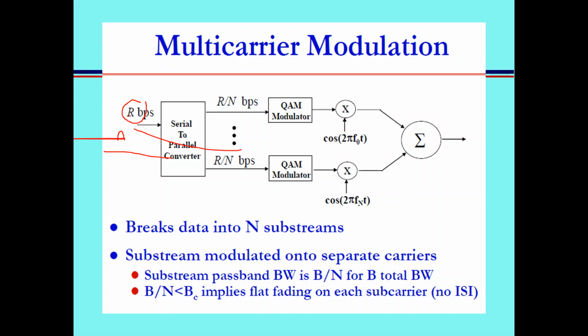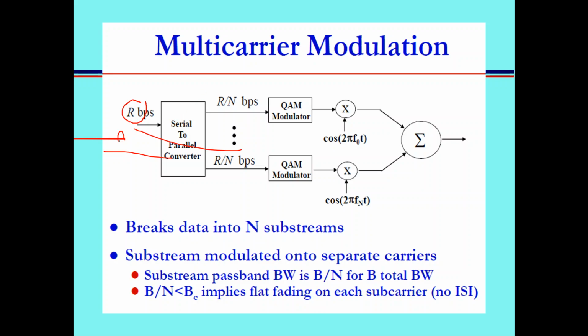So what do we do? We divide this into chunks, small data bits. Like you divide this R into n number of subcarriers or substreams. And each one, R over n now, becomes small. Now small data rate, smaller bandwidth, larger symbol period. With a larger symbol period, when you send it through the channel, the delay spread will be within the symbol period.